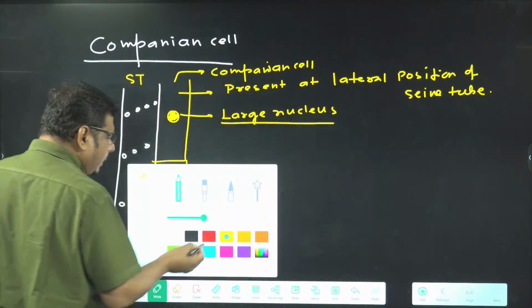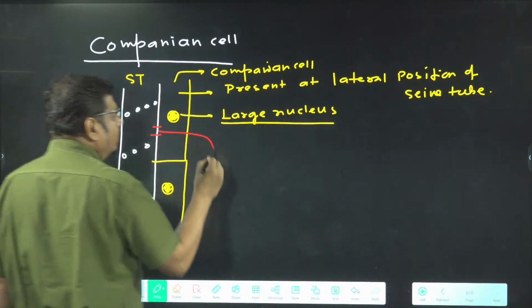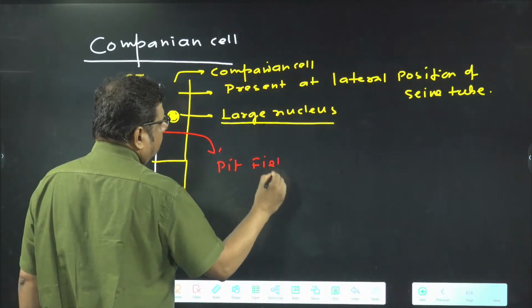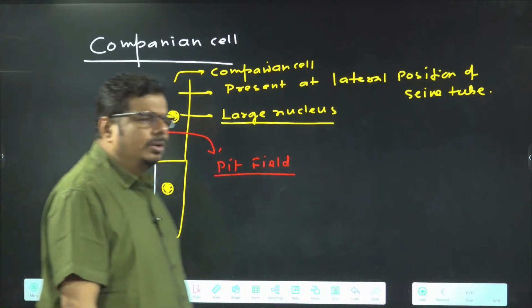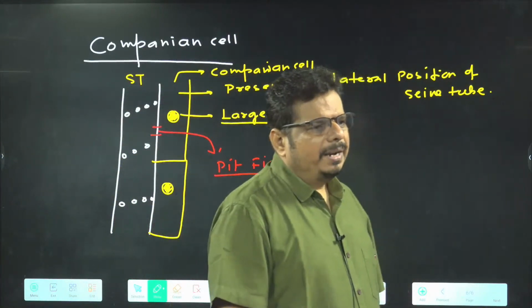And how are they connected with the sieve tube? They are connected with the sieve tube by the pit field. Pit, I already told you, I hope. Did I tell about the pit or not?